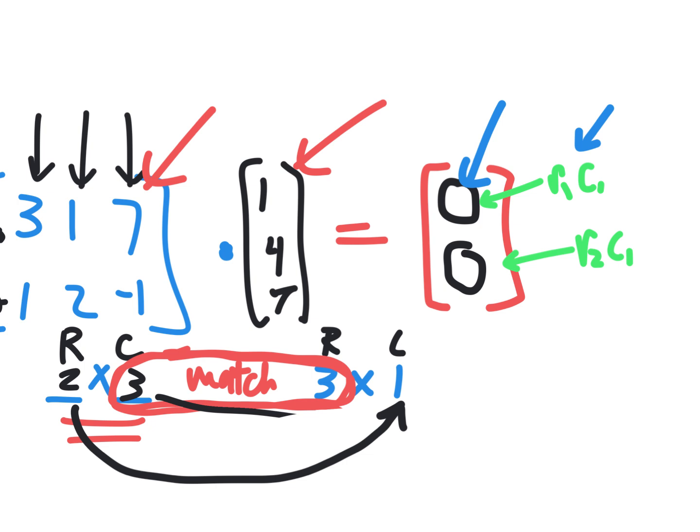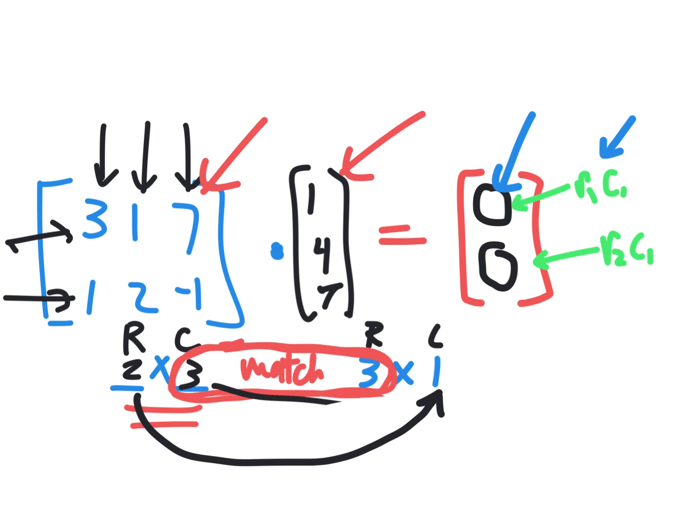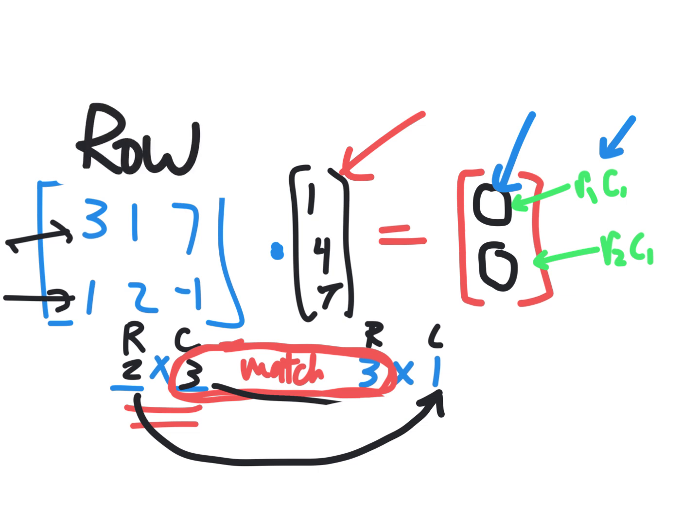Then you need to know which of these two matrices is the row matrix, a whole matrix full of rows, and which one is the column matrix. So the first one that you have, just like the same pattern, rows, then columns, like remote control, RC. This is the row matrix, and this one is the column matrix.